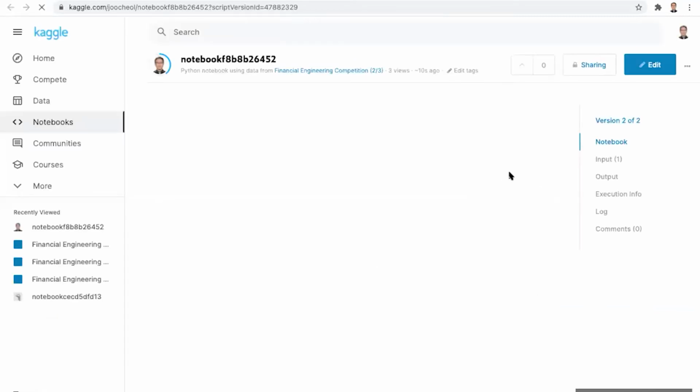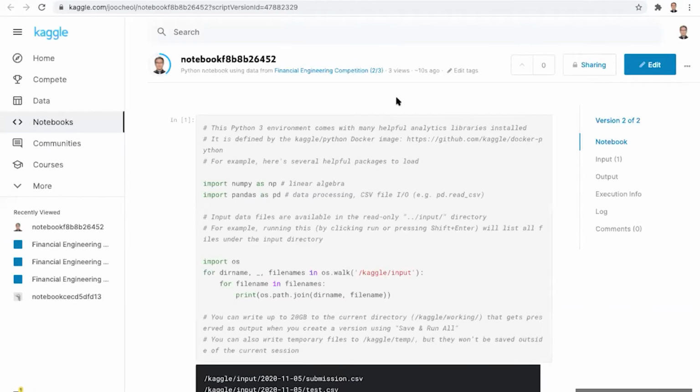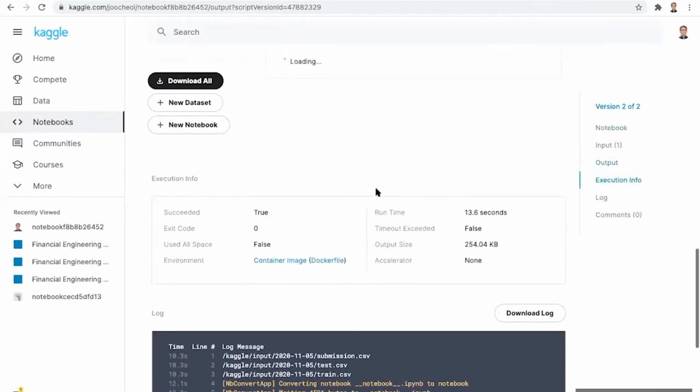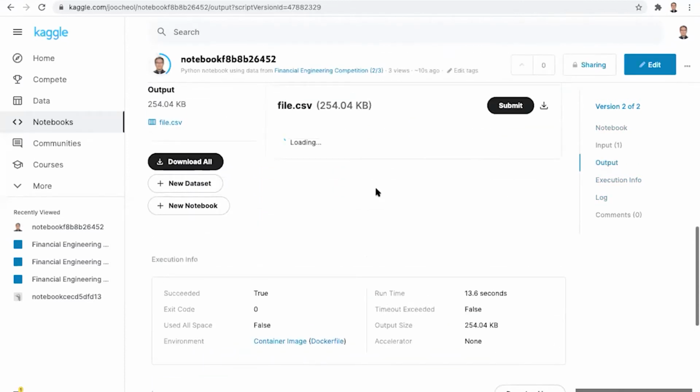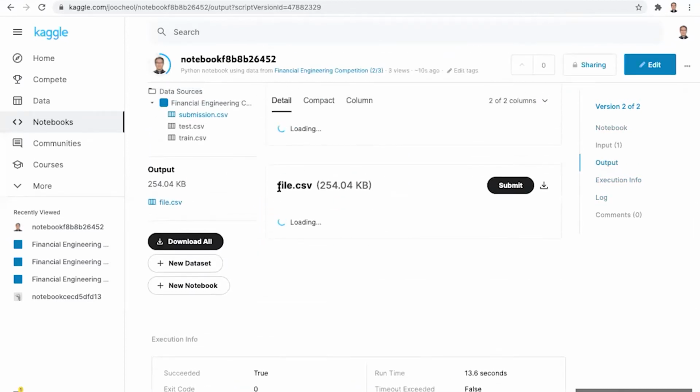Okay, view. And then it has an output section, and in the output section, I think I have file.csv. Yeah. It's a little bit slow.